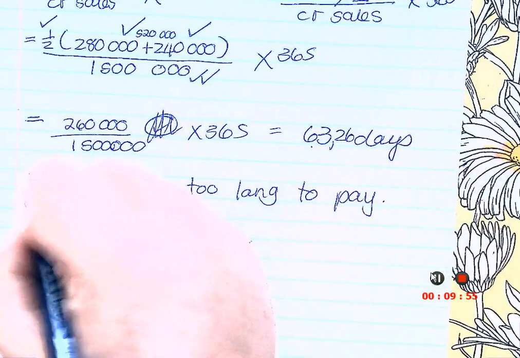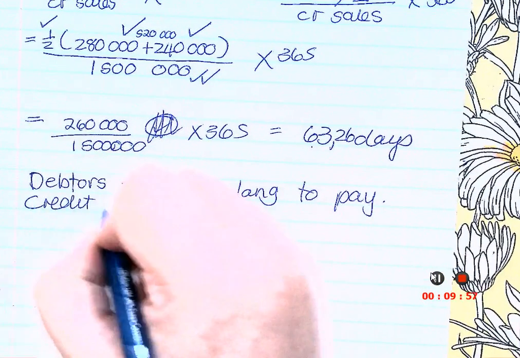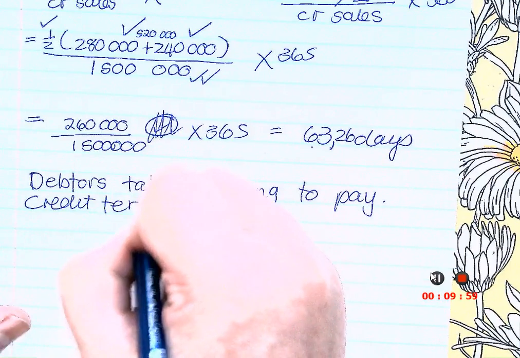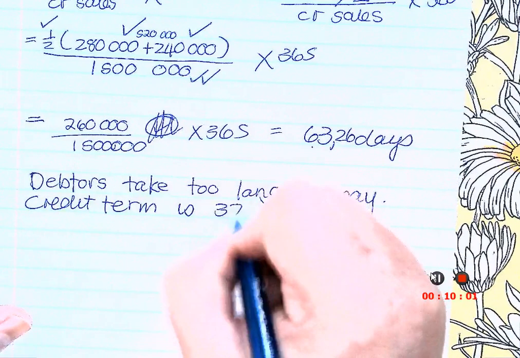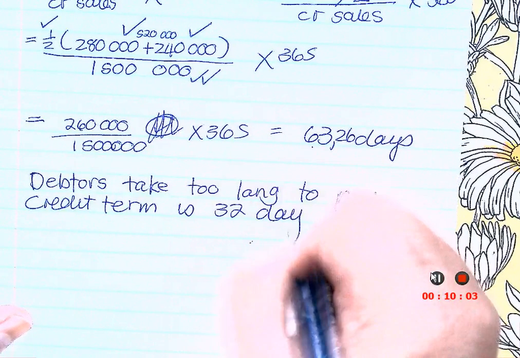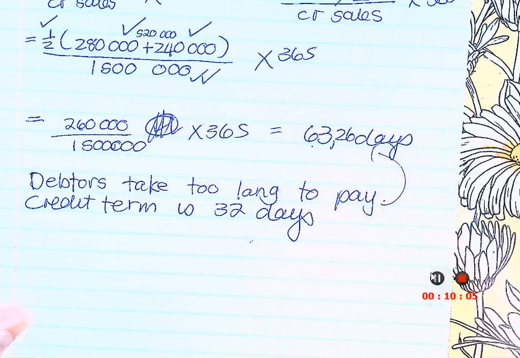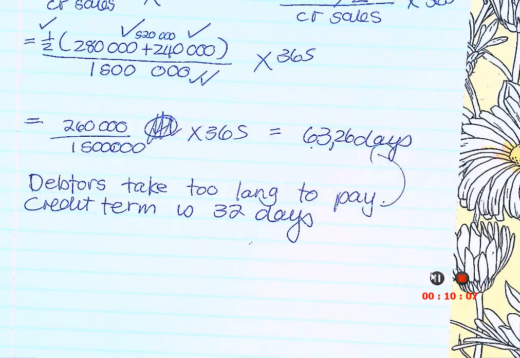Credit term is 32 days. Now you can see they take 63, but they're supposed to take 32.